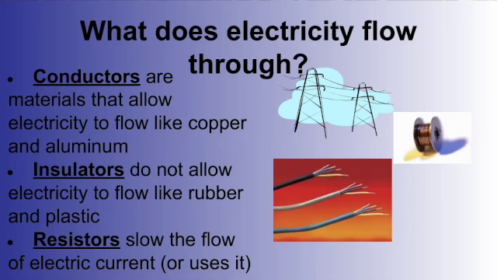So it's going to be moving those fan blades. So it's going to be slowing the electrical current because it needs to use some of it. Same thing if we were making light or if we were producing heat or sound. Resistors are things that use electricity and convert it into these other kinds of energy, such as heat.